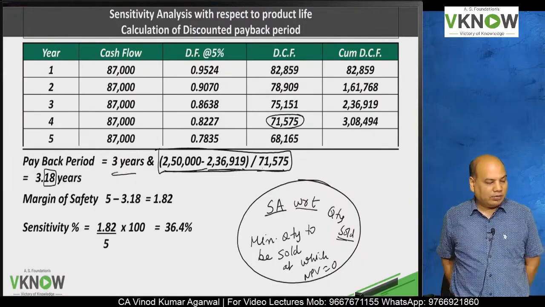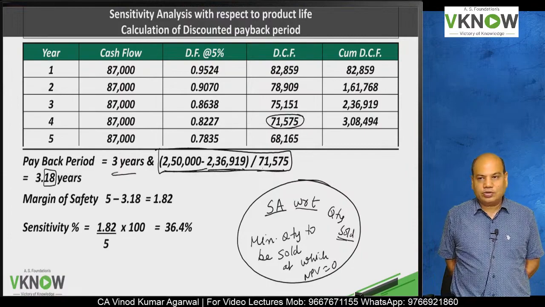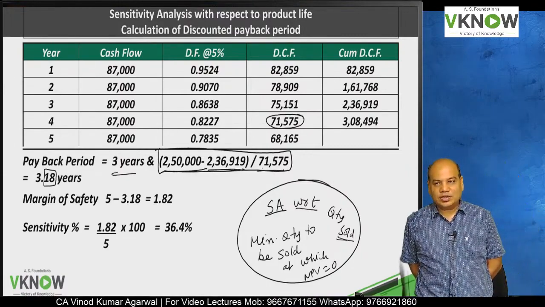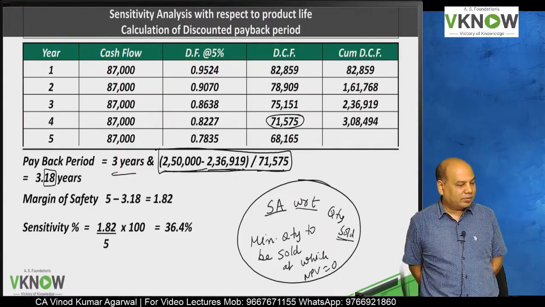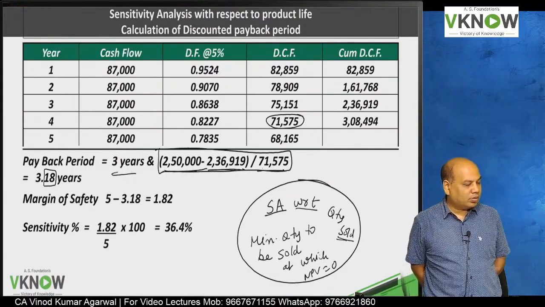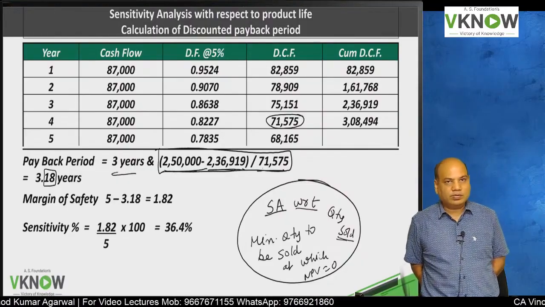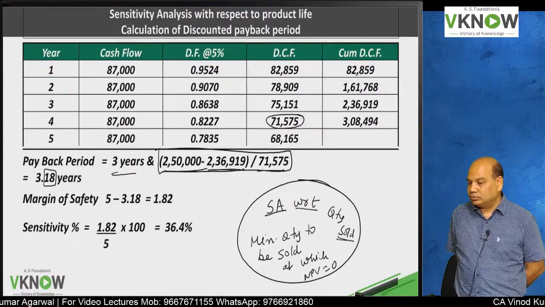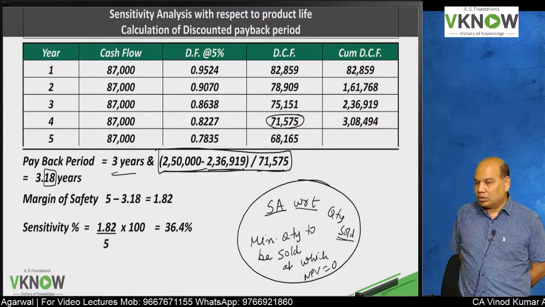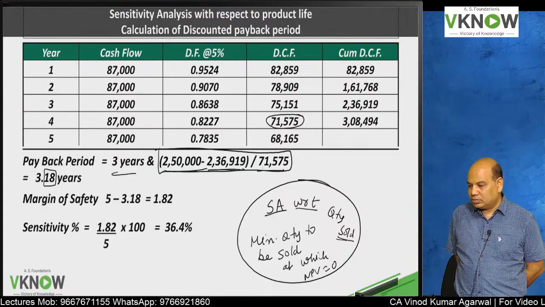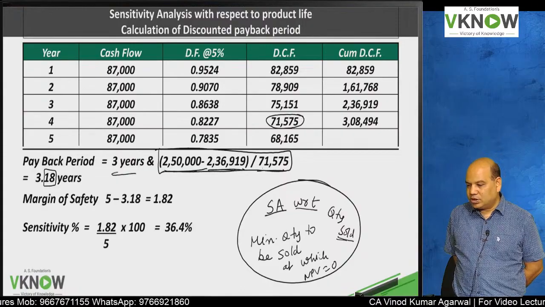Please try. I'll wait. You need to try yourself. Take a page, paper, pencil, calculator and try. What is the minimum quantity, or that quantity to be sold at which NPV will be equal to 0?